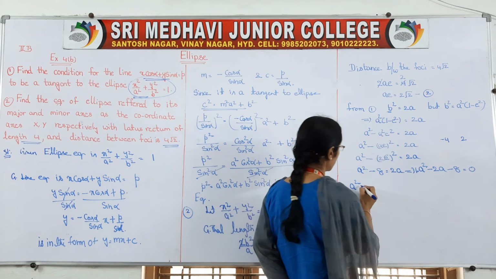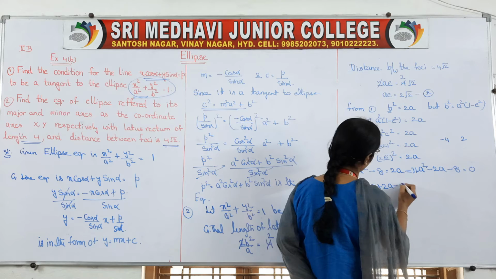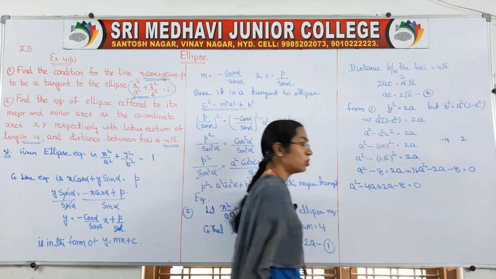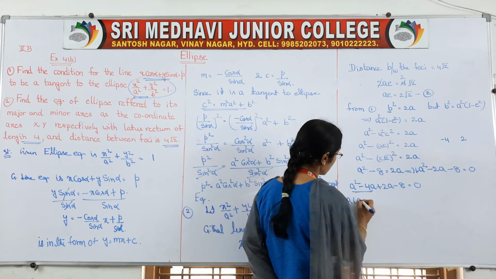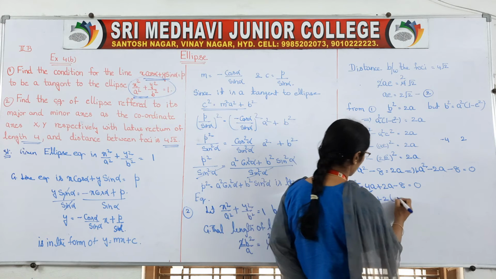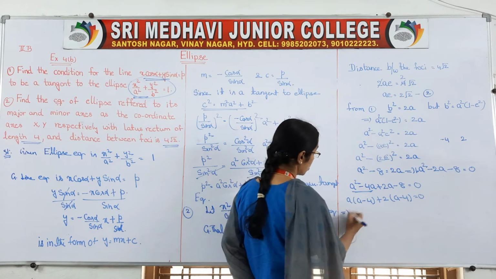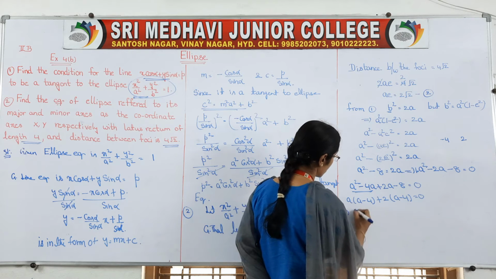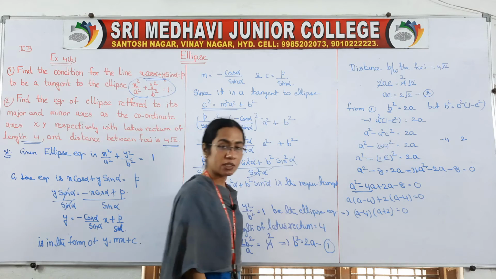So a square minus 4a plus 2a minus 8 is equal to 0. From the first two, take a common, so it is a minus 4. From the last two, take 2 common, it is a minus 4 is equal to 0. So a minus 4 can be taken outside, a plus 2 is equal to 0.